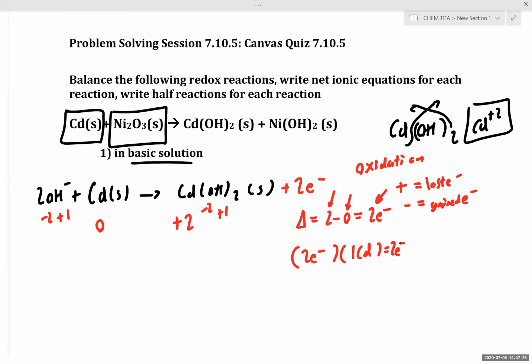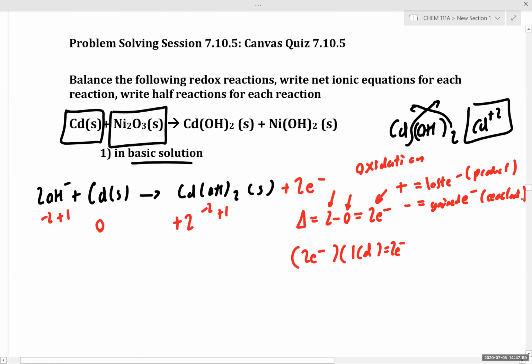So if the number is positive and we're losing electrons, the electrons are on the product side. So lost electrons are on the product side and gained electrons are on the reactant side. Does that help? So if we're losing electrons, we're producing electrons, and electrons are on the product side.